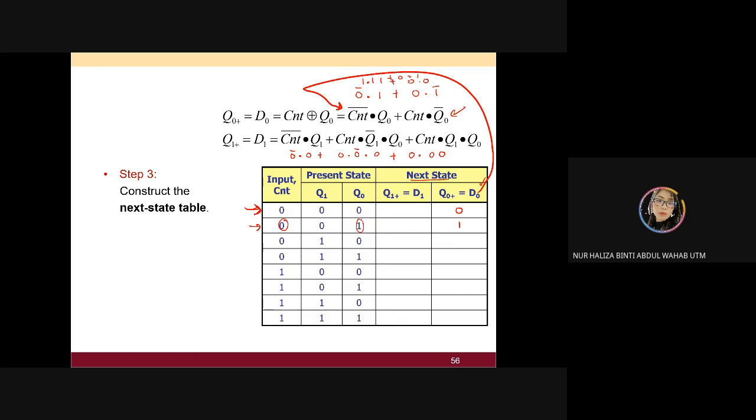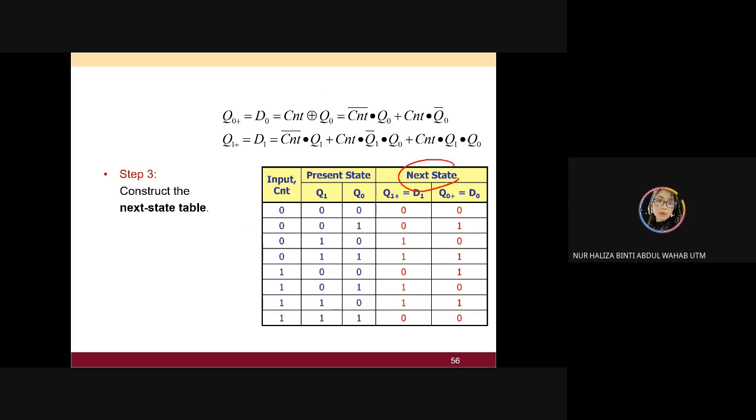If I put it wrong, please inform me. This will be 1 dot 0, which is 0, plus, of course, 0. So our answer will be 0 here. You can try to fill in all the values, and the next state table will come out like this.